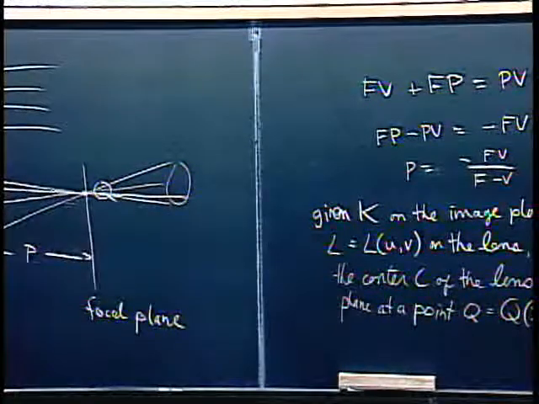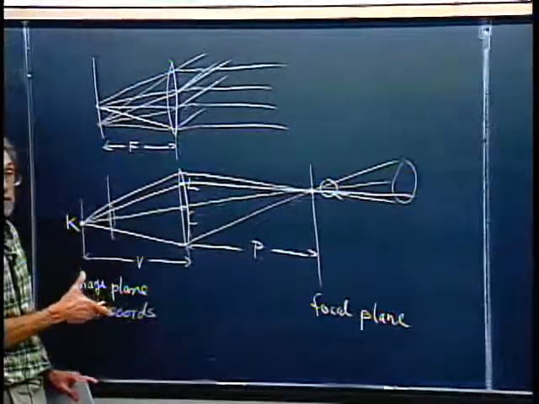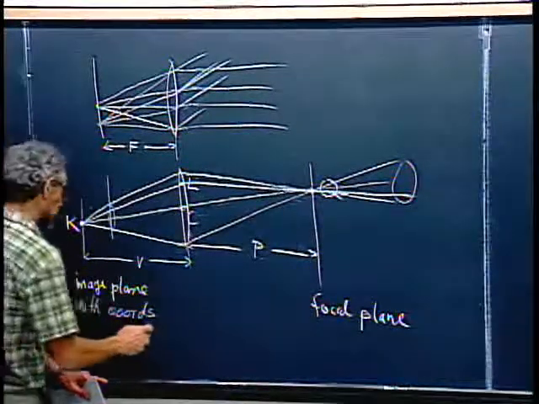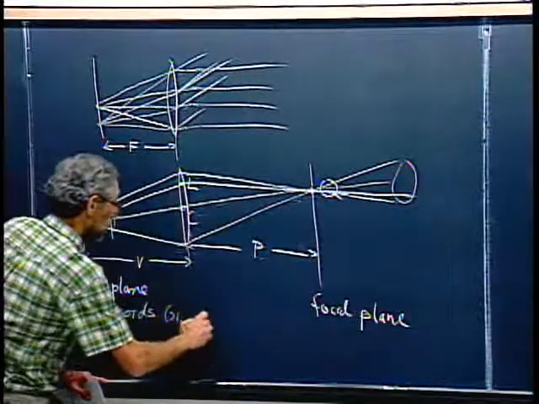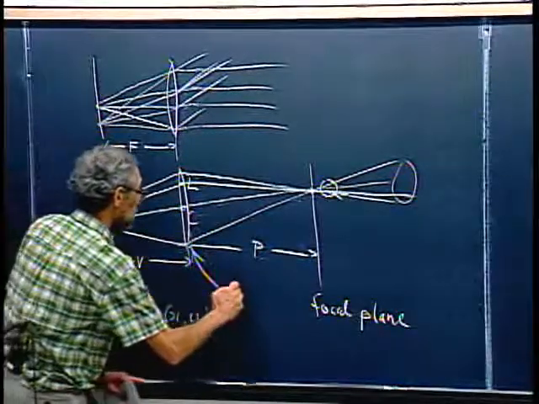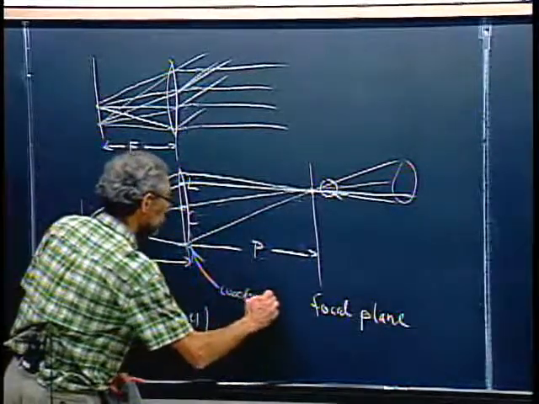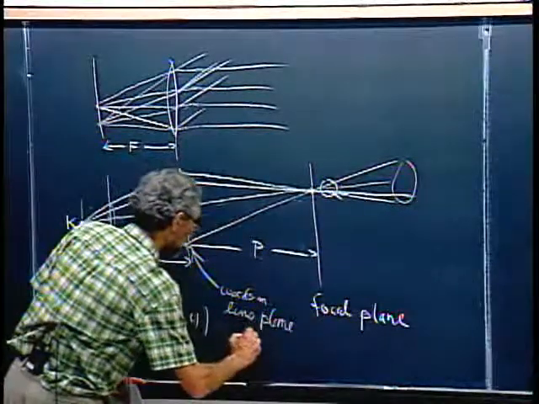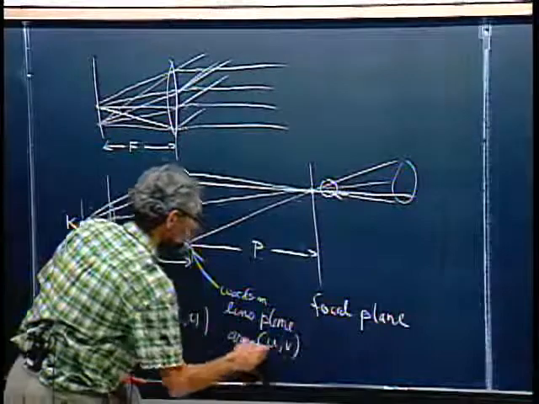These are coordinates in the image plane, basically pixel coordinates or subpixel precision locations on that image plane, X, Y, and the coordinates on the lens plane are U and V.